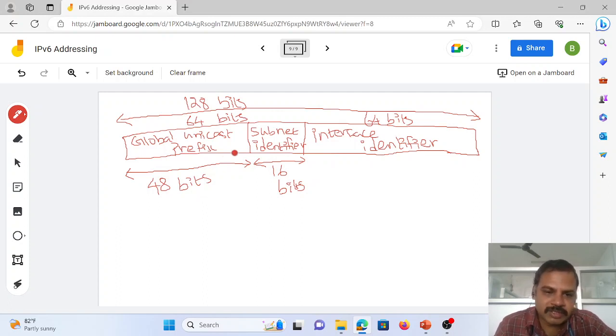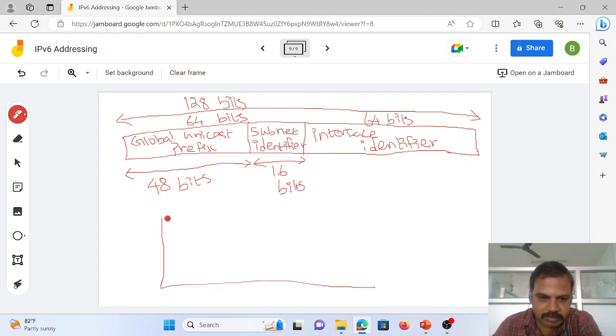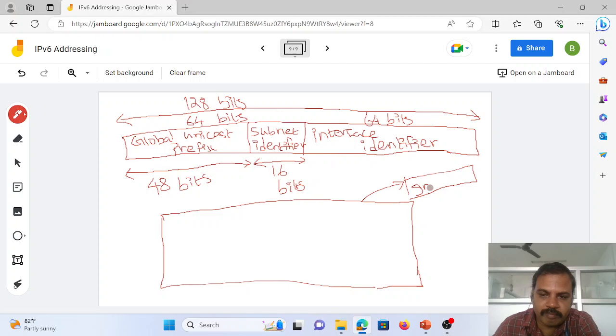So what is the use of this global unicast prefix? Let's see with the diagram. So this is your organization. You take any private organization where thousands of systems are there, which is connected to internet. It's a very big organization where you have a lot of sub networks.